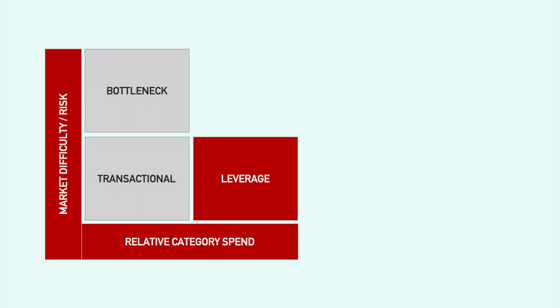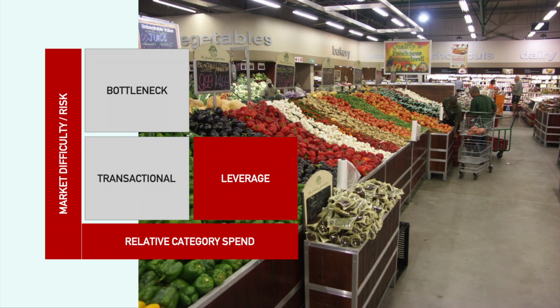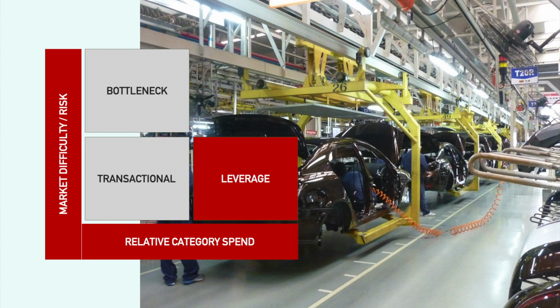For a large grocery business like a major supermarket, a leverage category would be high volume, unbranded goods such as milk, fruit and veg, and bakery. For a car assembler, wheels and tyres could be good examples. The great advantage for procurement of having leverage categories is that the suppliers do most of the work. Competing suppliers chase the customer's business, frequently offering large discounts in order to secure the business.